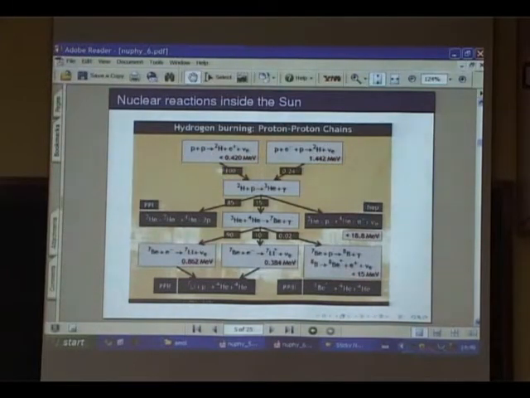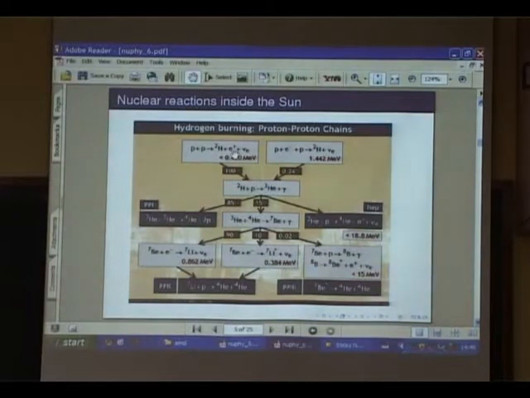This is a reaction that takes place almost 100% of times, because initially the protons have to fuse. A very small fraction of times, this pp also fuses with an electron, and then you again get deuterium plus a neutrino, but in this case you do not have the positron. When you emit a positron, it will always combine with some electron and annihilate.